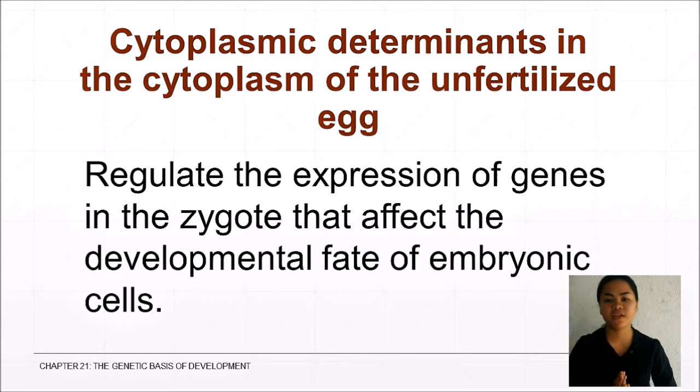Notice that in this figure, the cytoplasmic determinants, or the substances around the cytoplasm of the cells, are different from each other. The two daughter cells are now exposed to different cytoplasmic environments, and this contributes to what kind of cell it is going to be. The set of cytoplasmic determinants that a cell receives helps determine the developmental fate of an embryo by regulating the gene expression of the cell's genes during the course of cell differentiation.